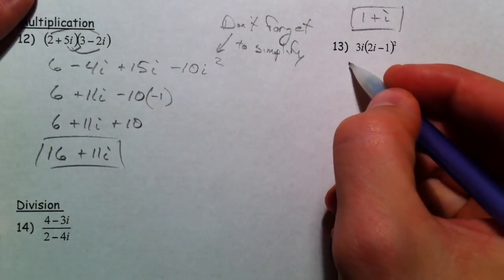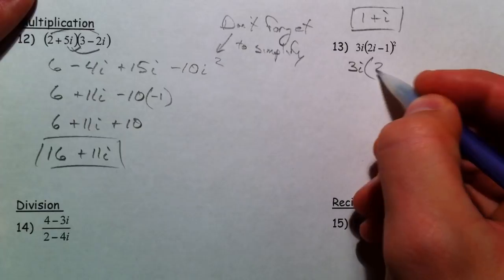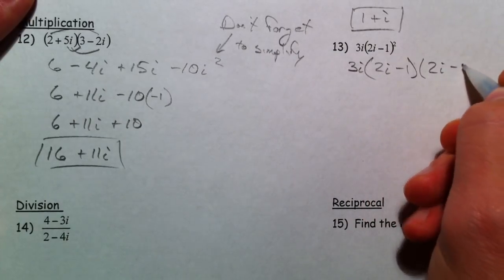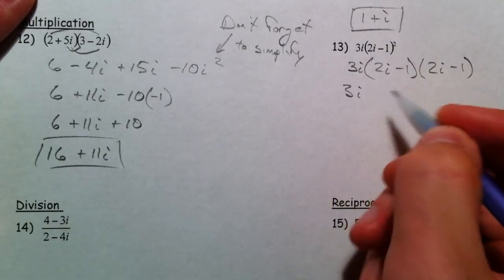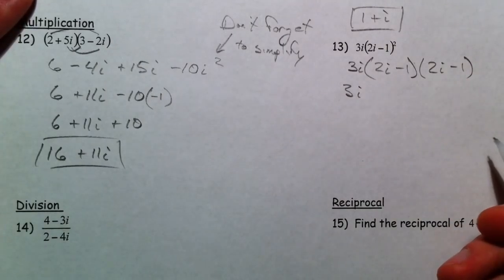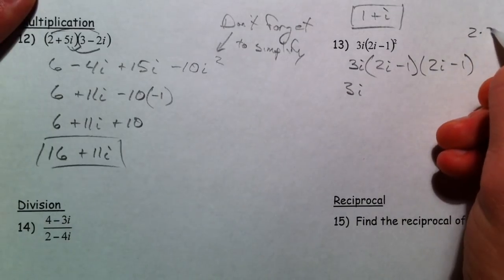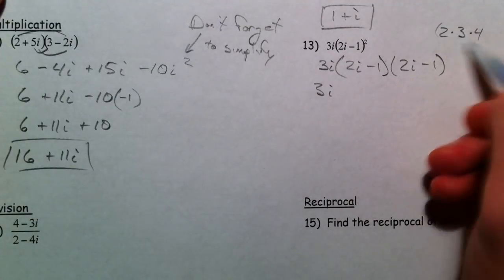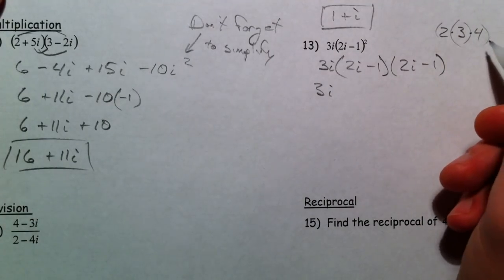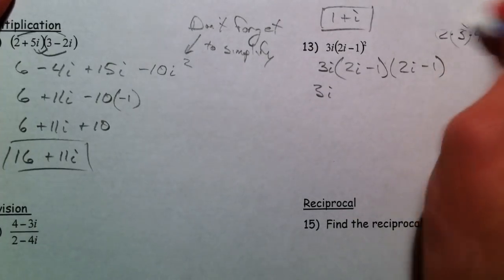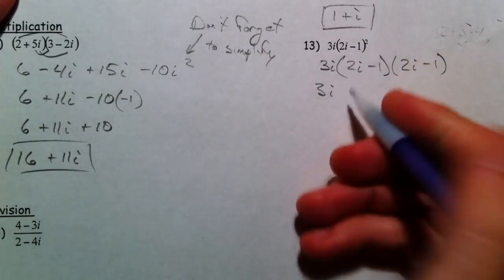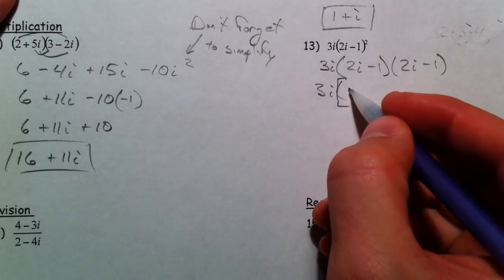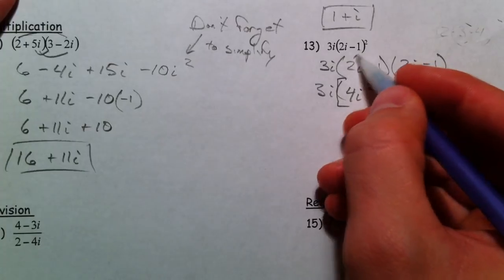Alright, so then 3i and 2i minus 1 squared. And so what I'm going to do is write this out. And you're welcome to do either one of these in any order, because this is kind of like multiplying 3 numbers, 2 times 3 times 4. I can multiply them, and I can do 2 times 3 first, or I can do 3 times 4 first. It doesn't matter. And so what we're going to do is multiply 2i times 2i and get 4i squared.